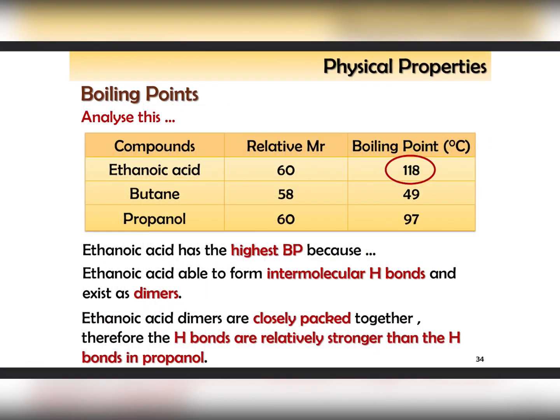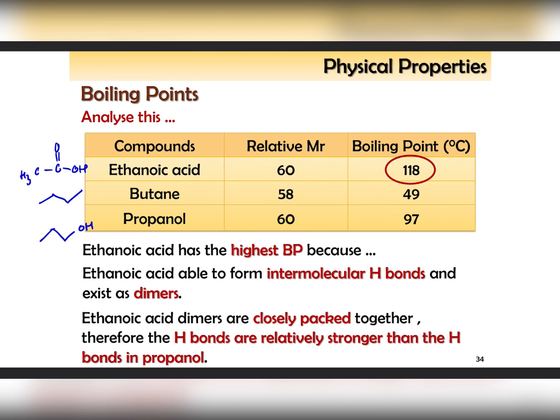So now we come to the comparison. So kita ada dekat sini ethanoic acid. Okay, so ethanoic acid, this is the structure and the molecular mass is 60. And kalau butane and propanol you have, okay, so all of them has similar relative molecular mass, and barulah kita boleh compare dia punya boiling point.